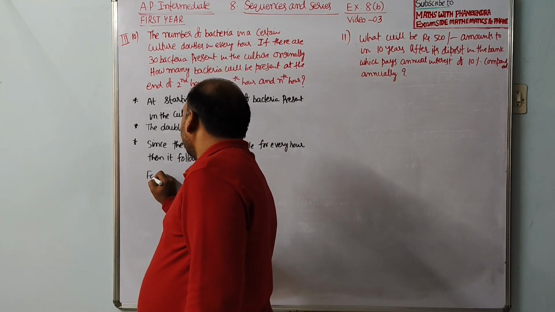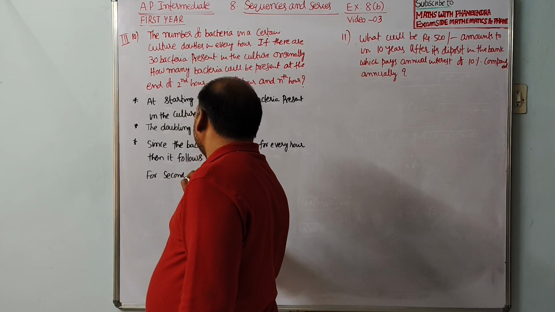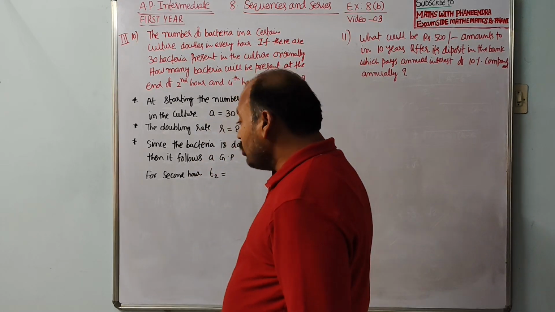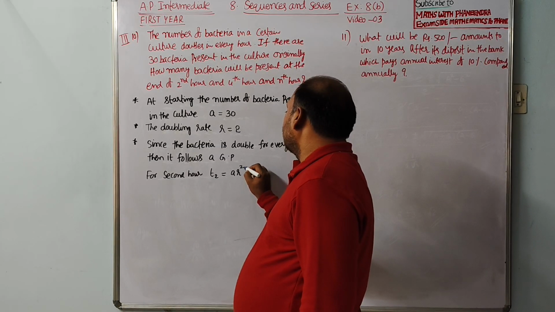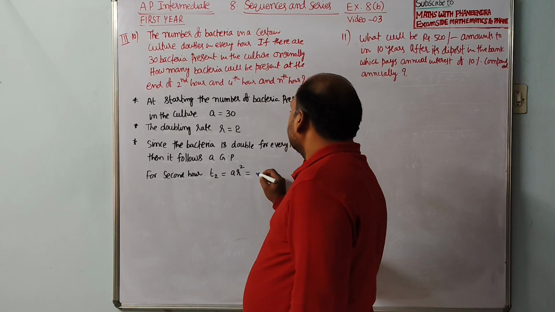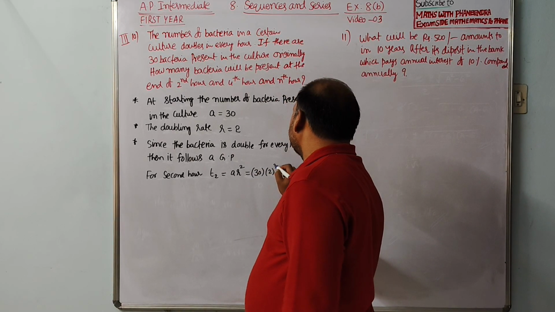For second hour, that means T2. So T2 means ar square according to that. So a means what? 30 into r means what? 2 into square.